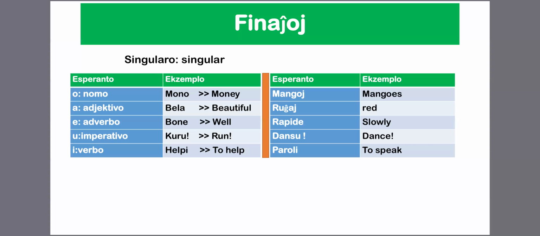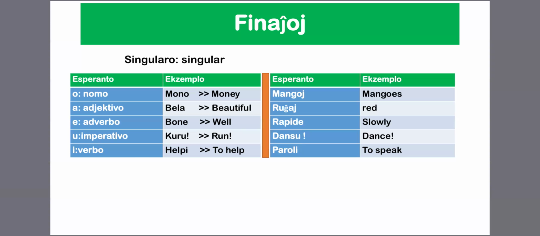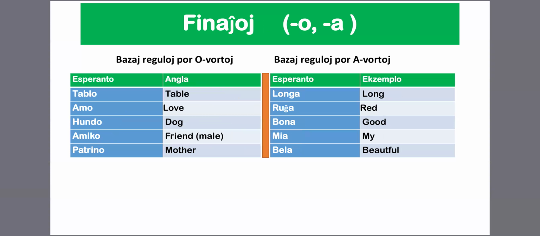So I think we will see some examples in the future where we'll also have time to discover which one is in plural, which one is in singular, so that we can try to differentiate the two words.